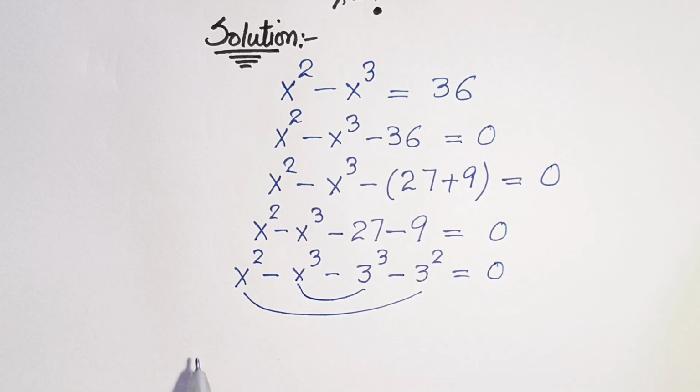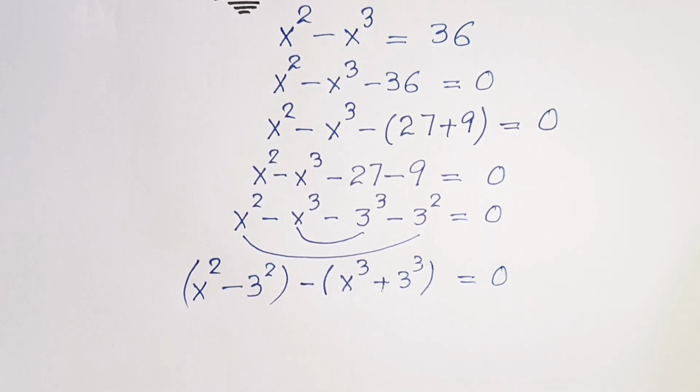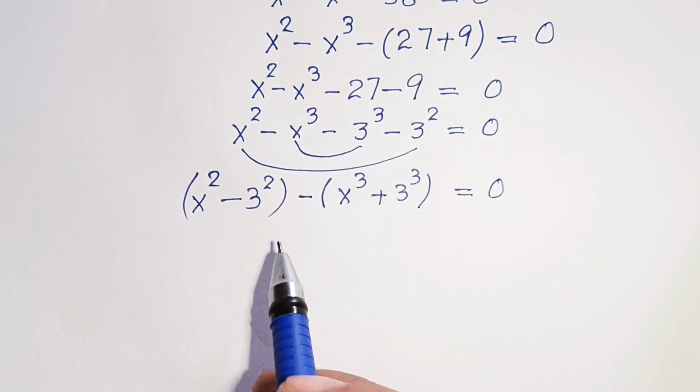Now if we write x squared with this minus 3 squared, and x cubed with 3 cubed, then we have x squared minus 3 squared. It is our first pair. For the x cubed term, if we take minus as common, then we have x cubed, and minus times minus is plus 3 cubed. So we have two pairs, and we have to solve these two pairs.